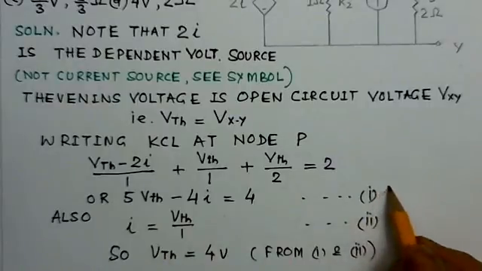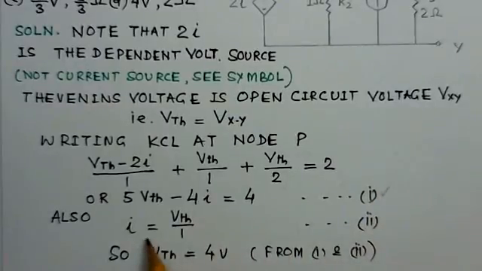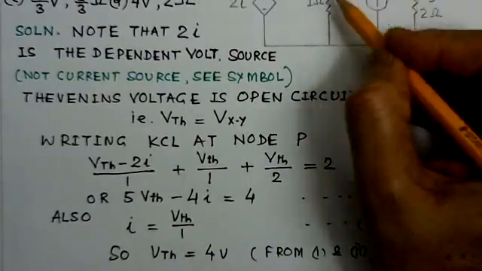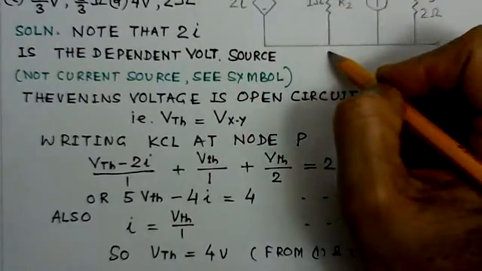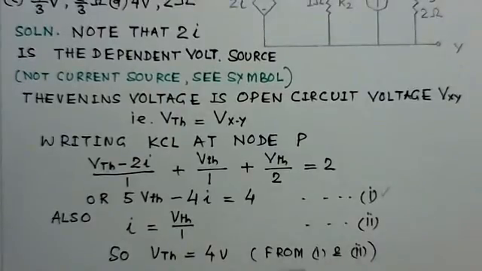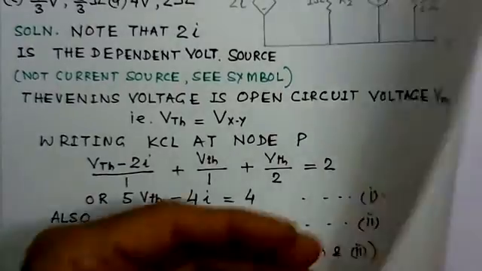So you get one equation of this kind, and I we can determine from this, that is Vthevenin divided by the 1 ohm resistor. So we can eliminate the value of I in these equations, and we get the value of Vthevenin equal to 4 volts. So this is one part which we have determined.